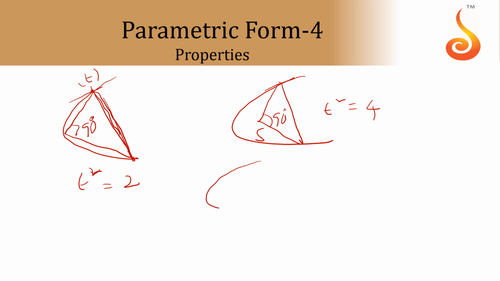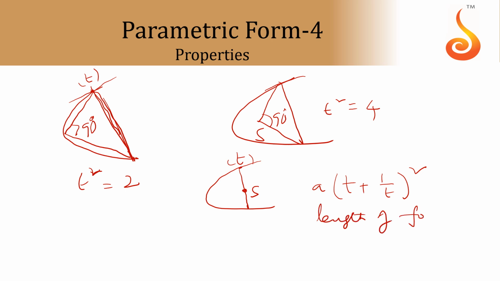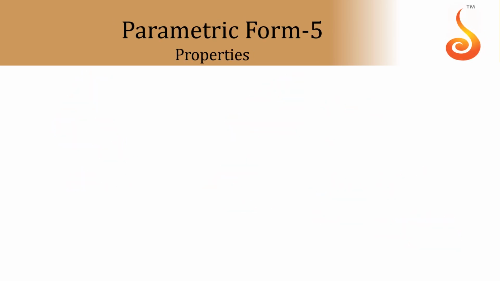Suppose at t you are drawing a focal chord. This is the focal chord. The length of that focal chord will be a into t plus 1 by t whole square. So this is the length of the focal chord. Suppose at t you are drawing a normal, which is a chord, a normal chord.